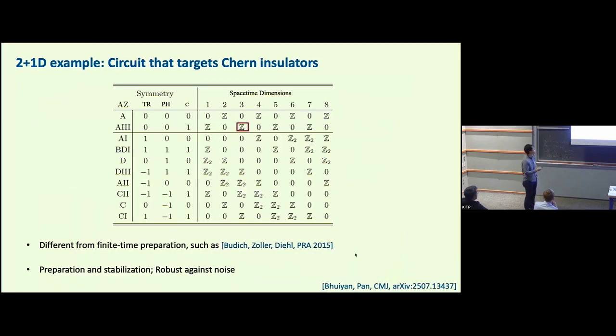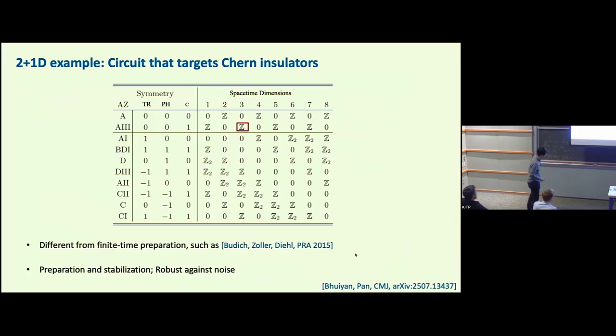All right? So, for example, if you want to go here, which means you want a circuit that targets a Chern insulator, of course, the classification is Z, as we know very well. And then I'm going to quickly show you how to hit the states, right?